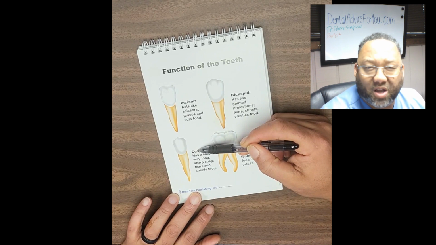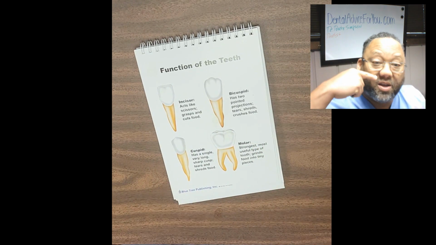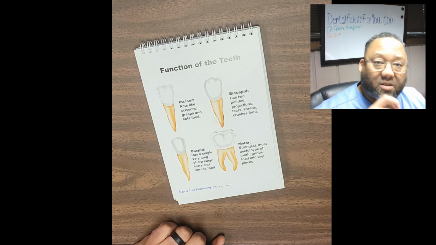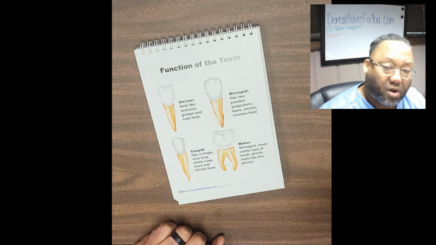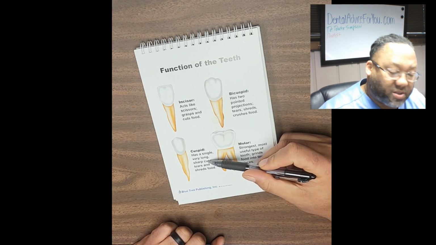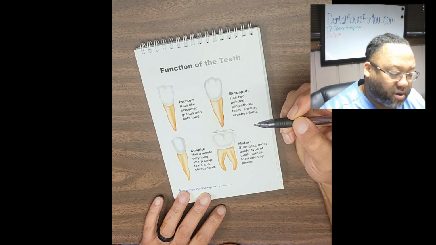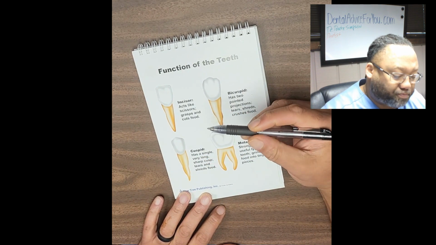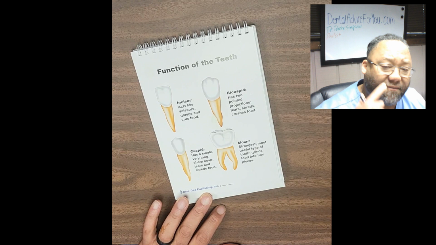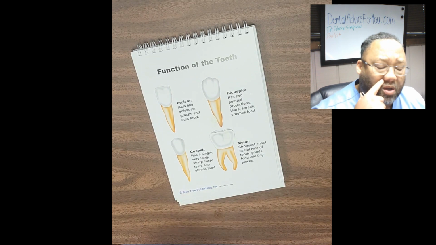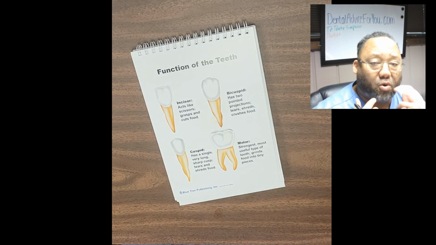Canine usually stands for dog, where dogs have those prominent canine teeth that also shred and tear into food because they're sharper and more pointed. As you can see, this point right here. We have 4 of them: one on the upper left, upper right, lower left, and lower right.